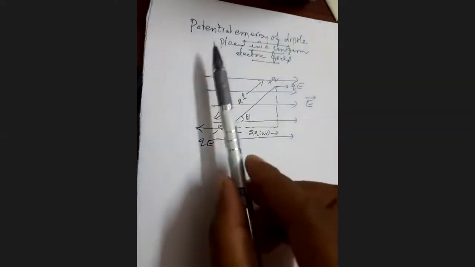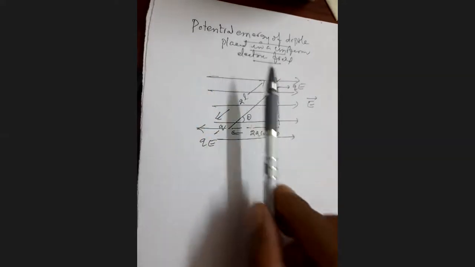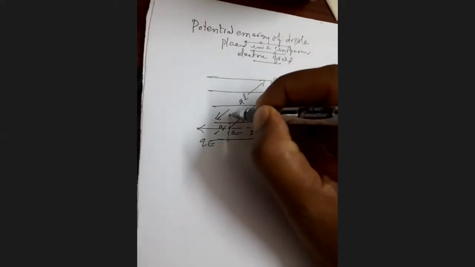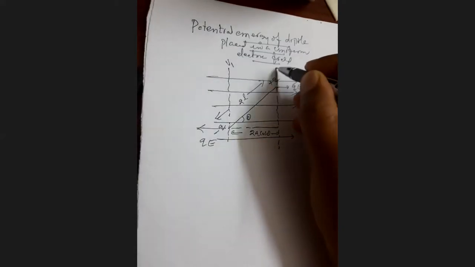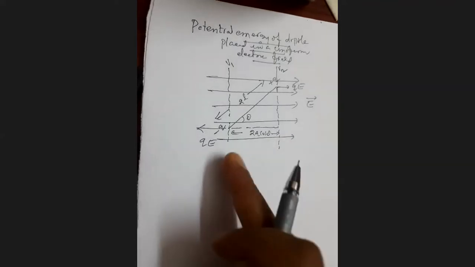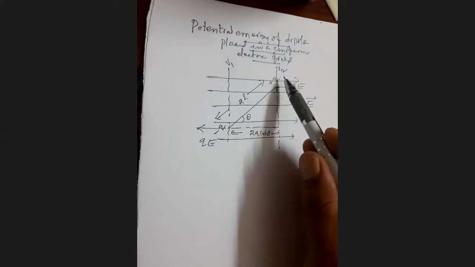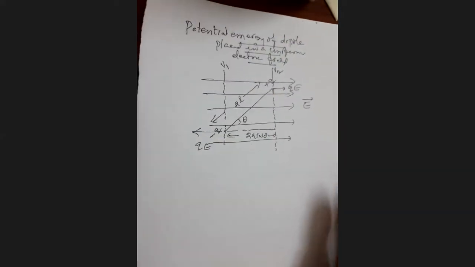When you consider the vertical planes at different points, those would be equipotential surfaces. At the position of minus Q, the potential is V1. At the position of plus Q, the potential is V2. The vertical planes passing through minus Q and plus Q are equipotential surfaces V1 and V2, perpendicular to the electric lines of force.